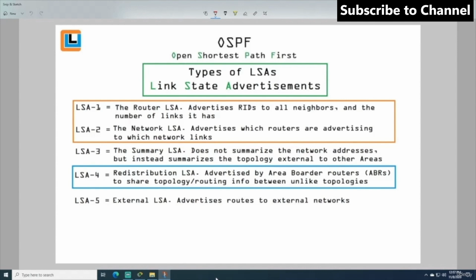And so when we issued the show ip ospf database command, we only saw two types of LSAs, Type 1 and Type 2. Type 1 LSAs show us all the RIDs of all the neighbors and the number of links each one has, while Type 2 LSAs show us which routers are advertising to which network links.